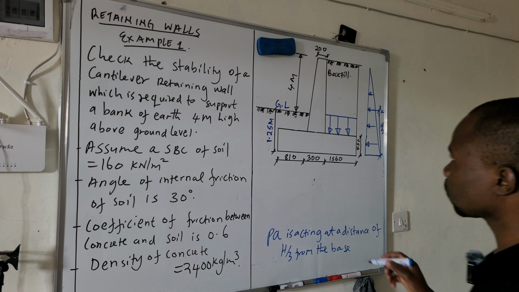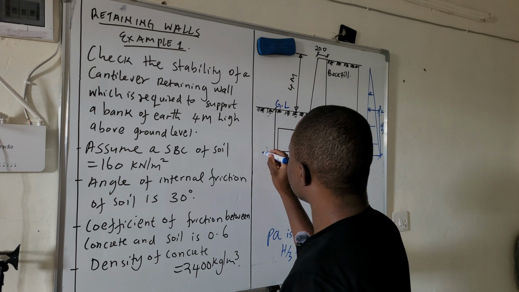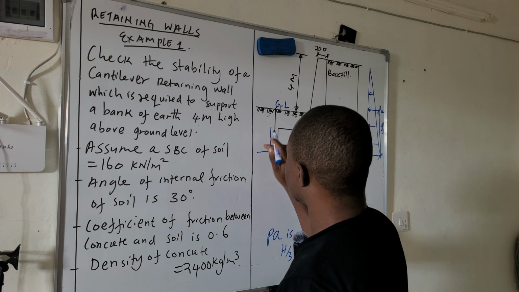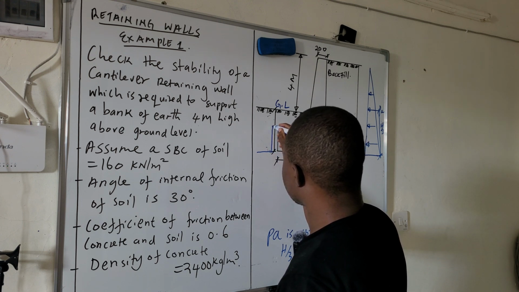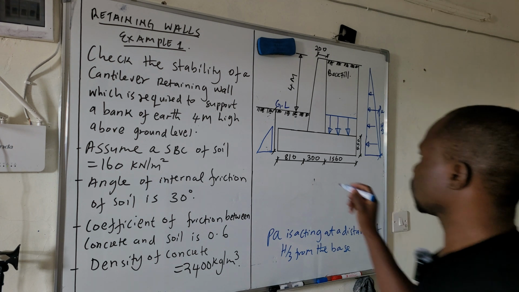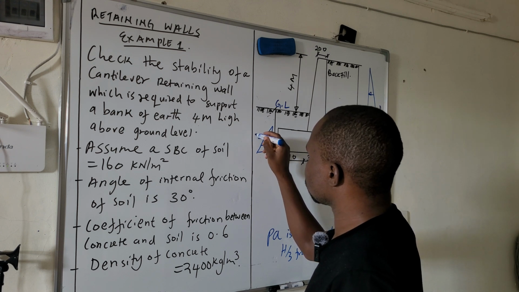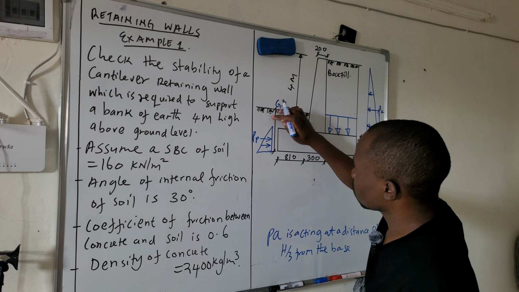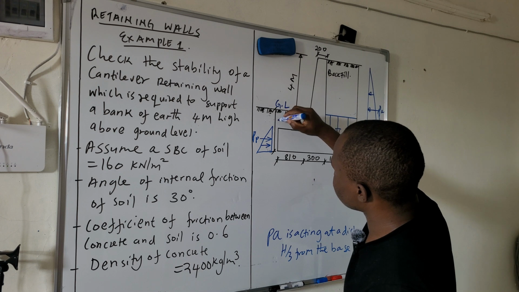If you draw the diagram, this is how it will look. So that is the passive pressure, and it is acting in this direction. Remember, this distance from here to here is 1.25 meters.